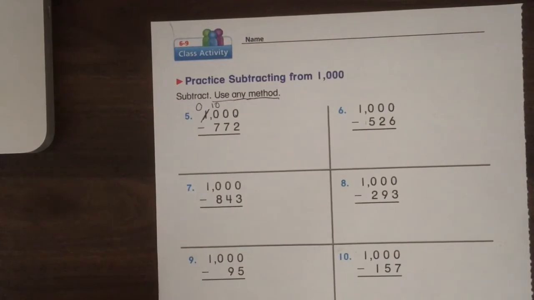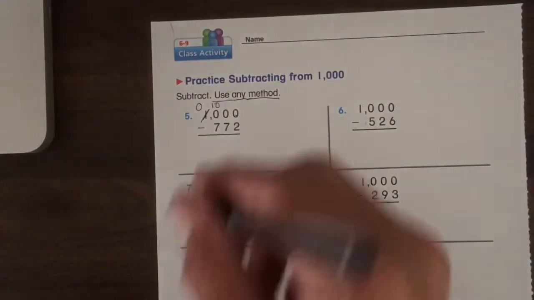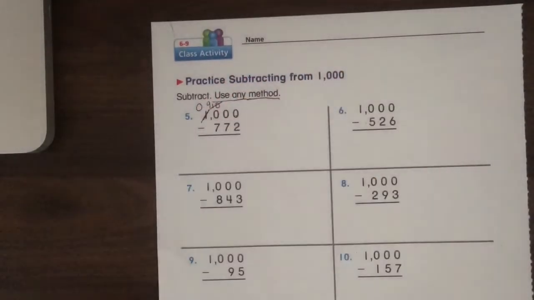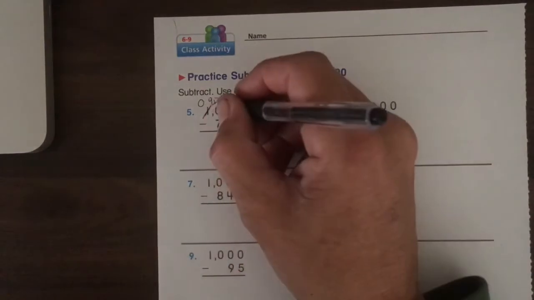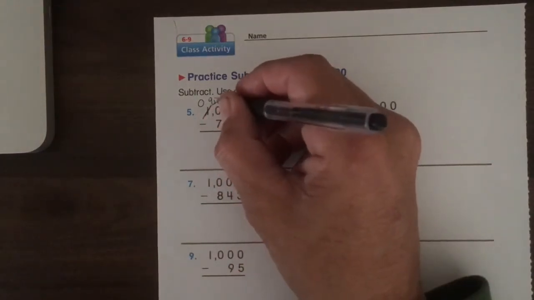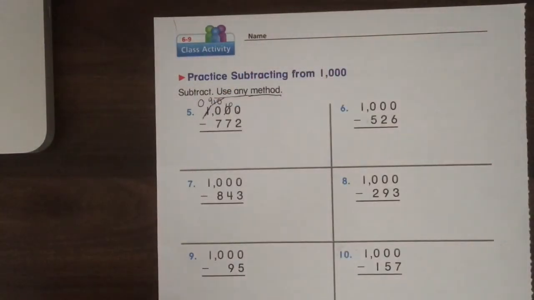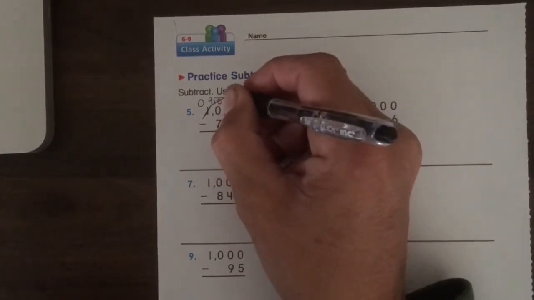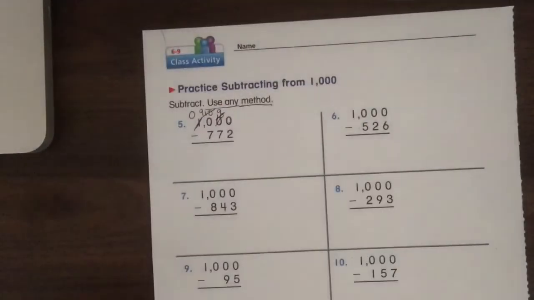But that doesn't get you where you need to go. So you have to trade one of those hundreds, which will give you 9 now, in for 10 tens. This becomes a 10. And now finally you have some tens that you can trade in to get some ones. Trade in 1 ten, which is going to leave you with 9.